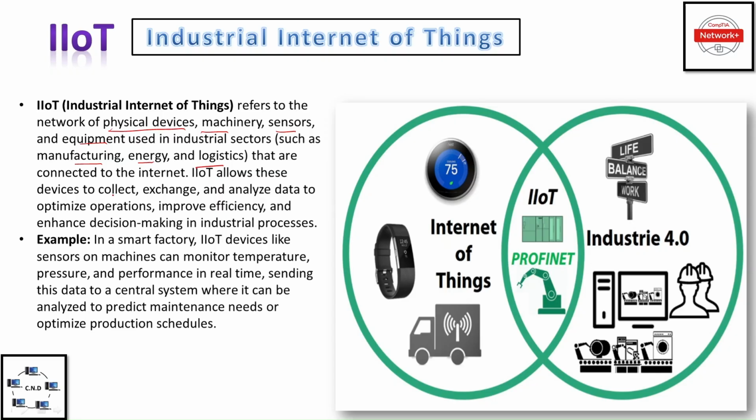IIoT allows these devices to collect, exchange, and analyze data to optimize operations, improve efficiency, and enhance decision making in industrial processes. For example, in a smart factory, IIoT devices like sensors on machines can monitor temperature, pressure, and performance in real time, sending this data to a central system where it can be analyzed to predict maintenance needs or optimize production schedules.